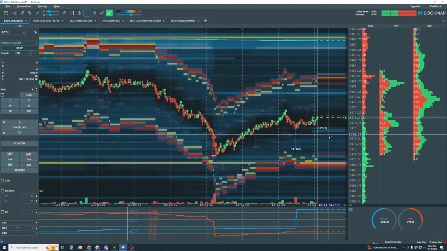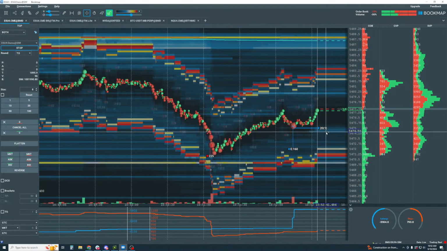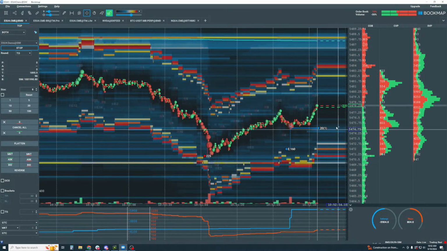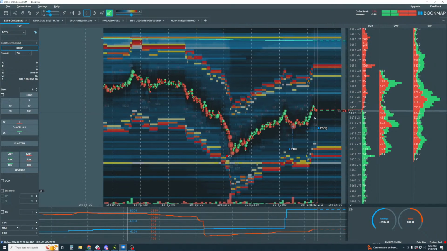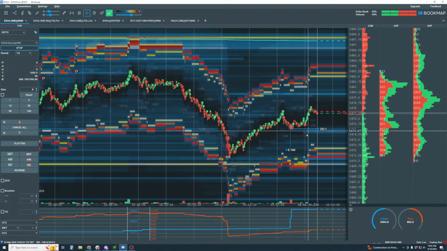See how the bid is strong underneath here though. So we're not seeing it. We're not seeing it. So this bid would have kept us out of it.